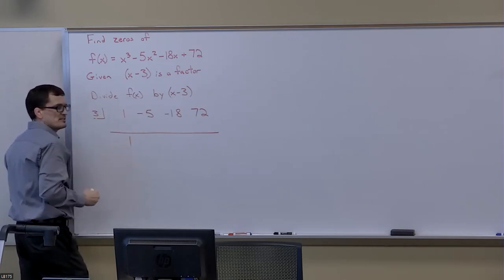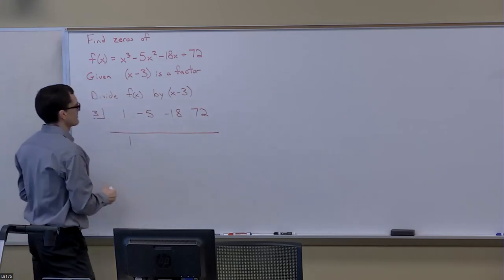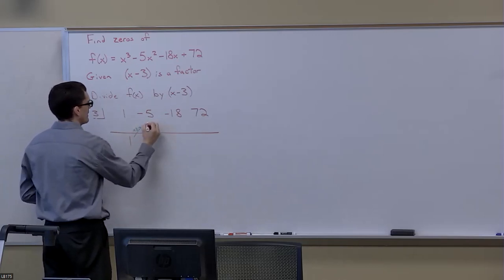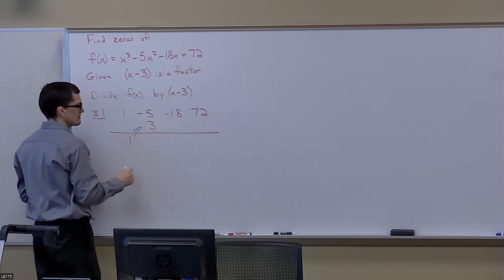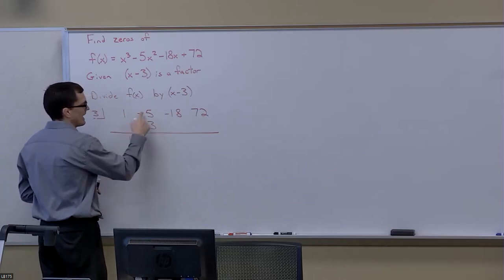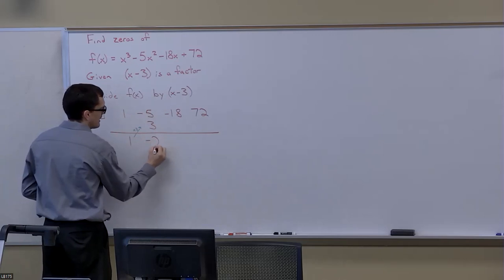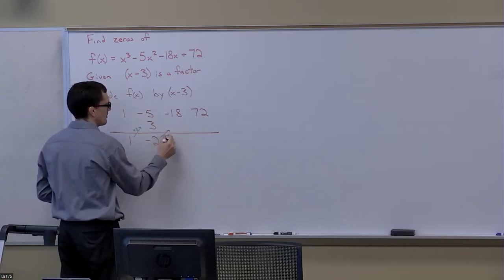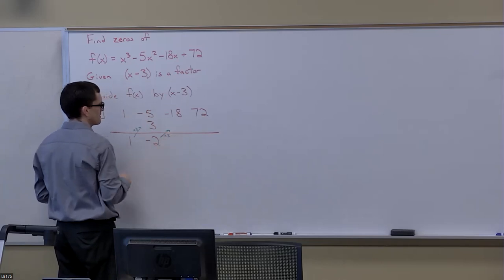So 1 drops down. I multiply by 3. I get 3. When I add, I get a negative 2. Multiply that by 3.